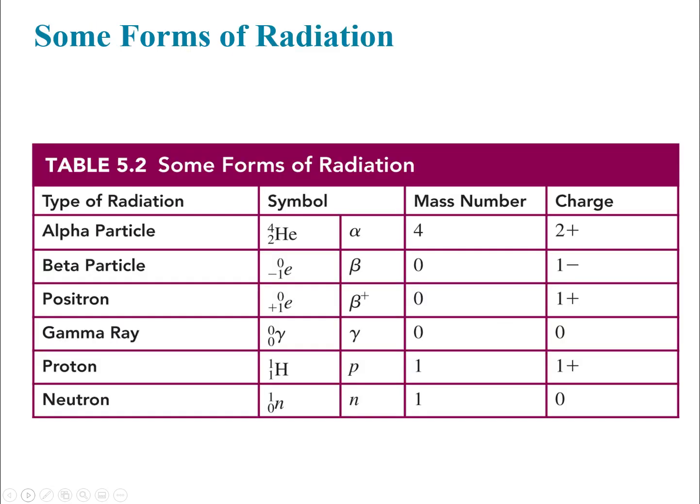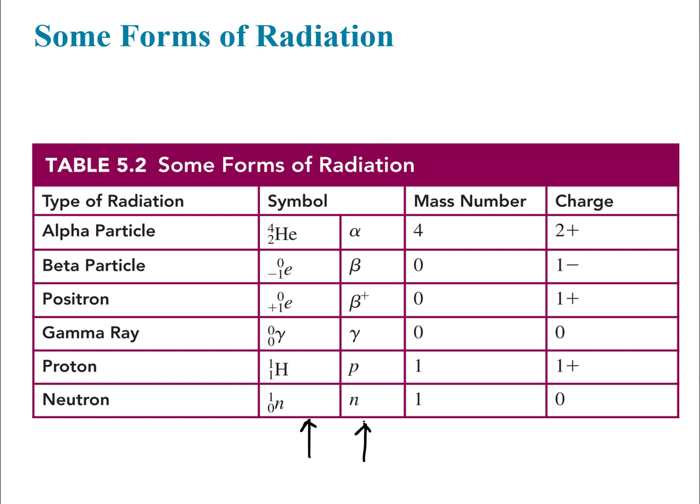This chart, I would recommend reproducing it and putting it in your notebook, or printing it out and putting it in, or something like that. It's got forms of radiation, their symbols, and then the mass number and charge associated with it. We're going to be doing some examples of balancing nuclear equations, and for your exam, you need to recognize all of these symbols.